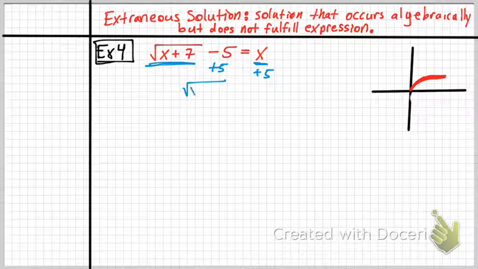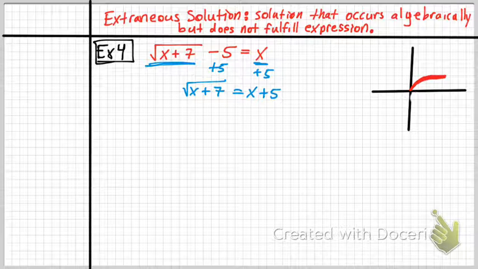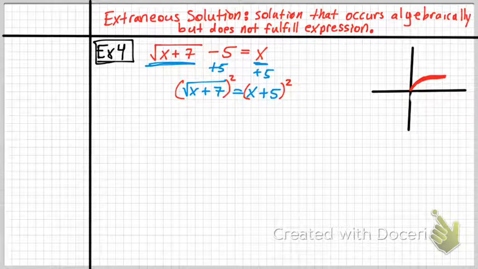So now we've got the square root of x plus 7 is equal to x plus 5. And now, at this point, I want to square both sides to get rid of that radical. I'm not really sure how to work with it most of the time, so I'm going to try and get rid of it as soon as possible. So now I have x plus 7 is equal to x plus 5 squared.